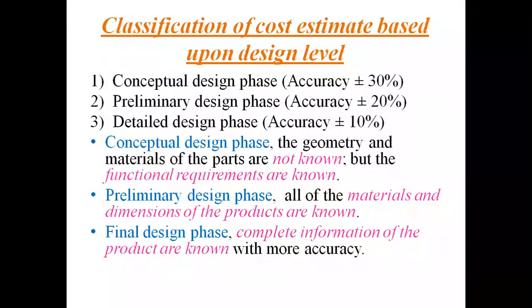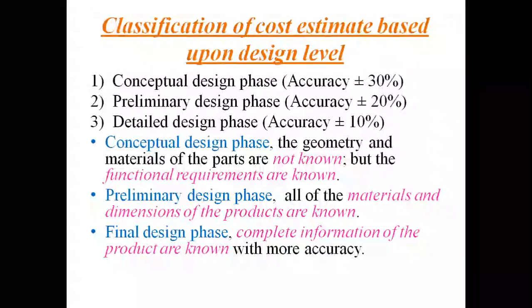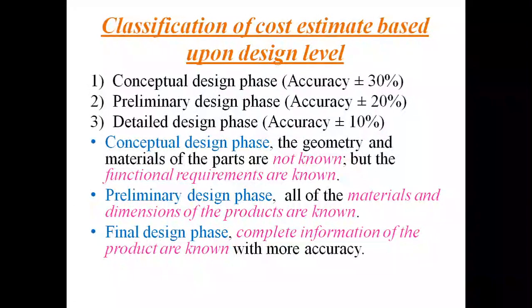Next topic is classification of cost estimate based upon the design level. The cost estimate can also be classified into three levels based upon design level. First, conceptual design phase. Its cost estimate accuracy is plus or minus 30%.